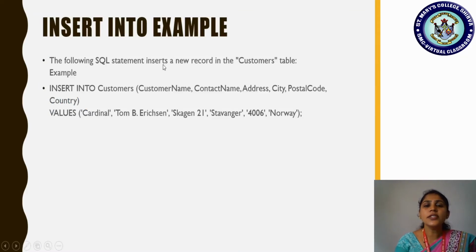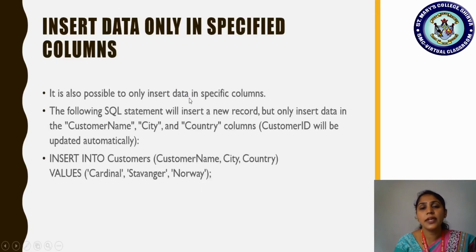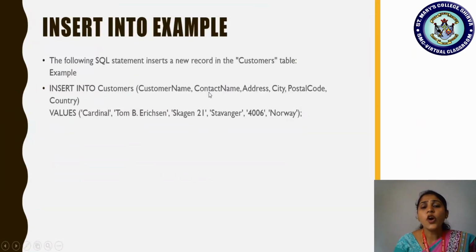The following SQL statement inserts a new record in the customer table. So here we have assumed that we have created which table? Customer table. What is our table name? Customers. Okay, so just check out here what are the attributes we are finding in the customers table. Customer name, contact name, address, city, postal code, country.